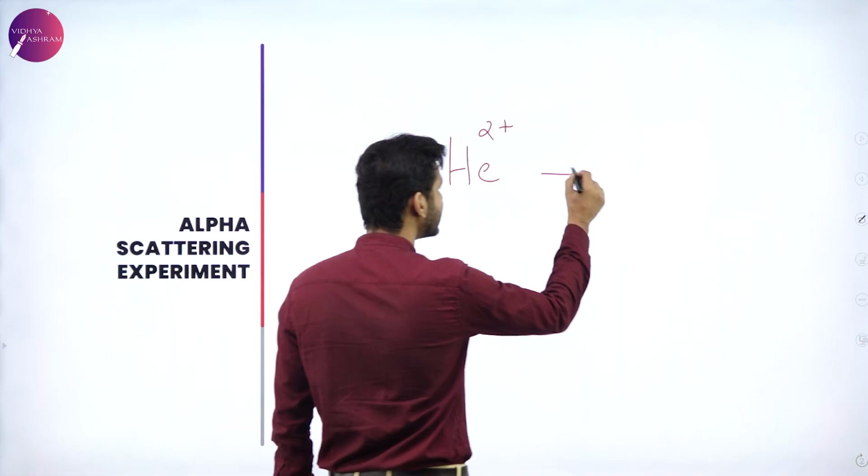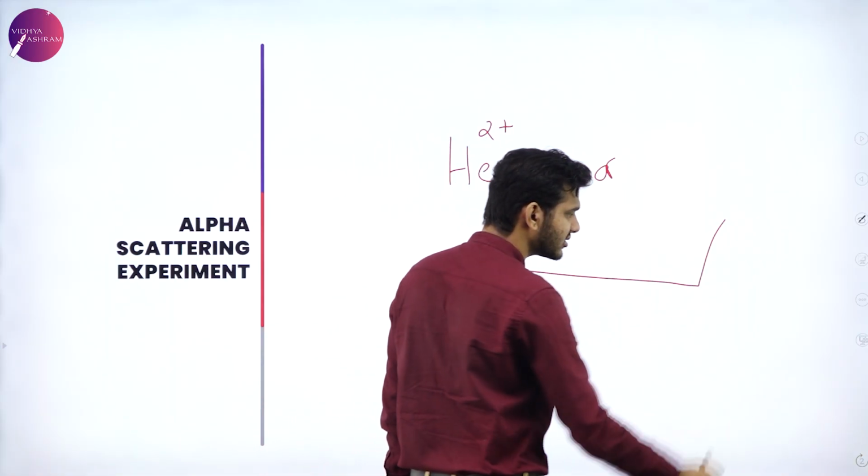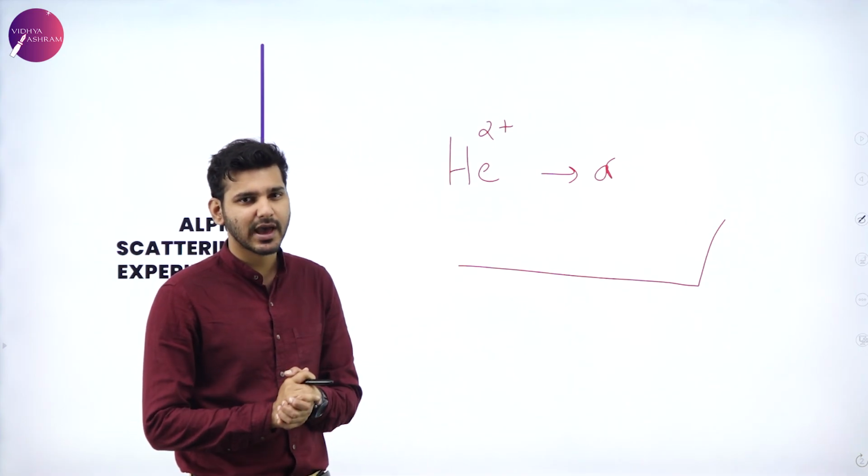So let's say this is the alpha particle. When the alpha particle was moving in a straight line, it was scattered. So how did this happen?